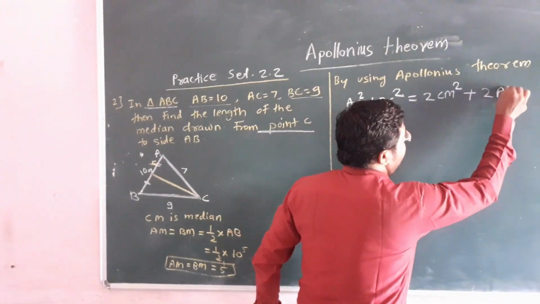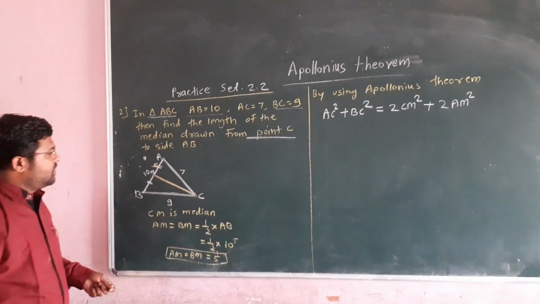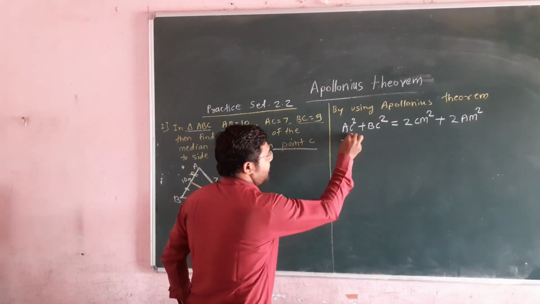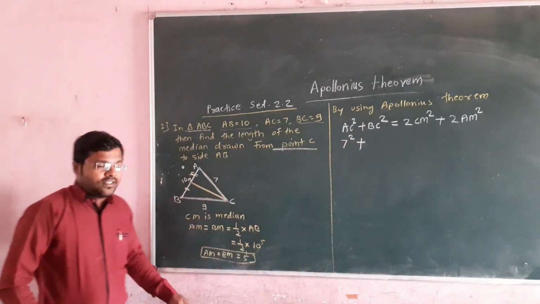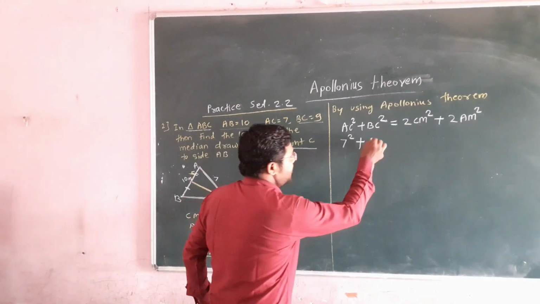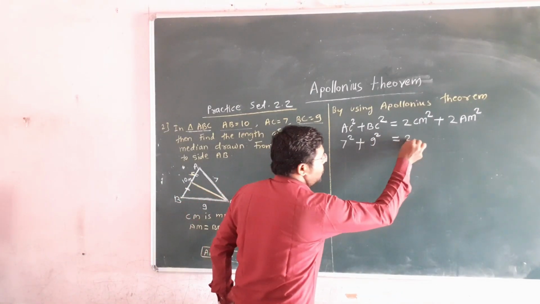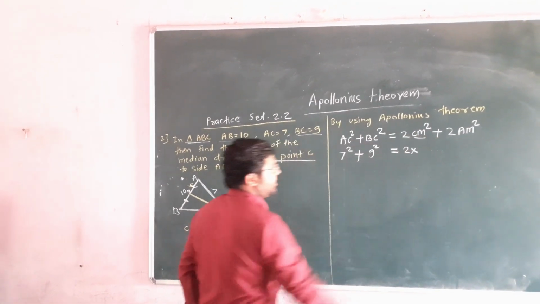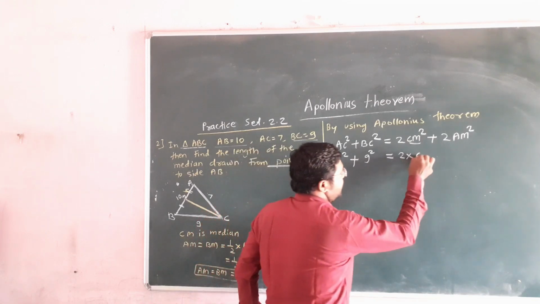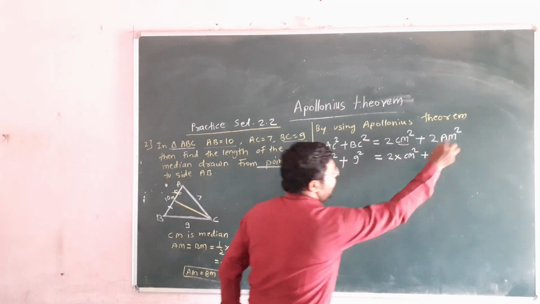2 AM square. Okay, now put the value. Length of AC is 7, so write here 7 square, plus length of BC, how many? It is 9, so write here 9 square, is equal to 2 into CM square, plus 2 into AM square.